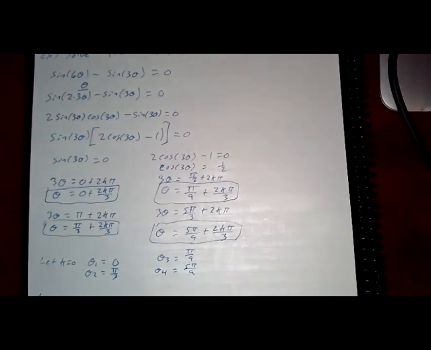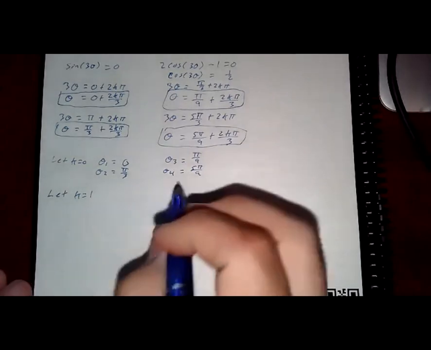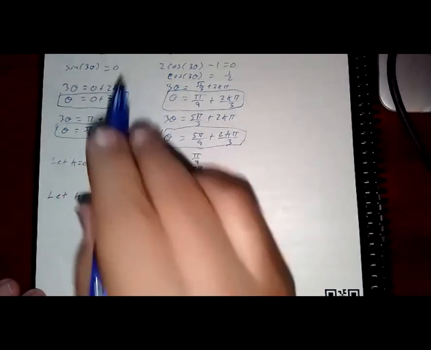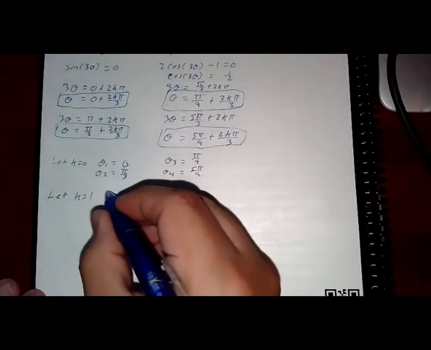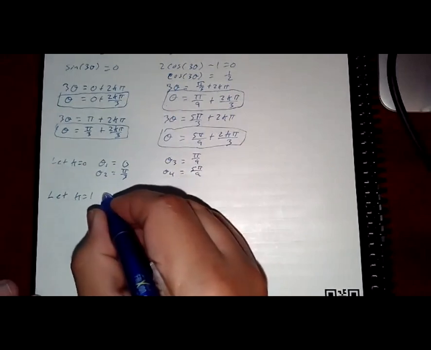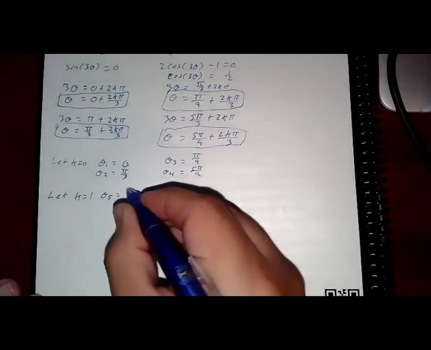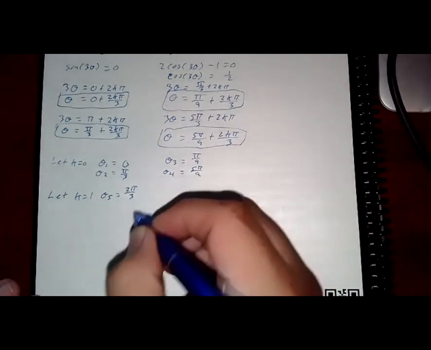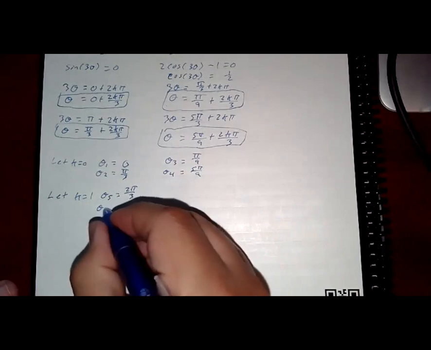Now let k equal 1. For the first one, k equal 1 would be 0 plus 2 pi thirds, so just 2 pi thirds.